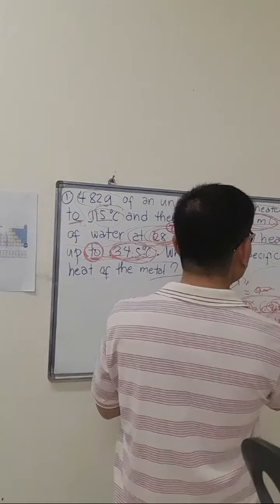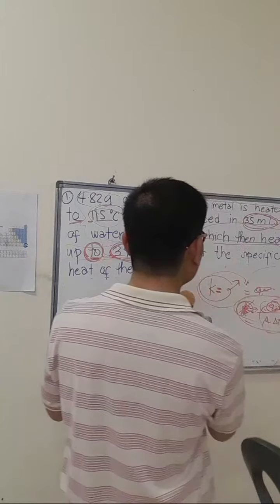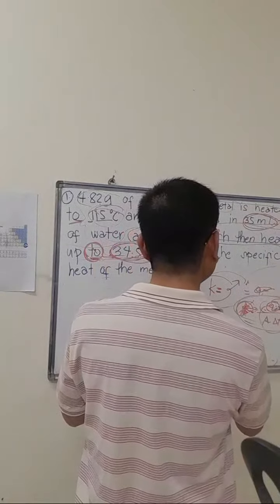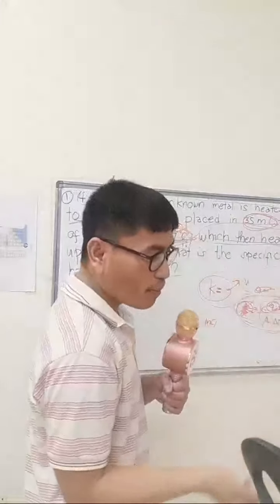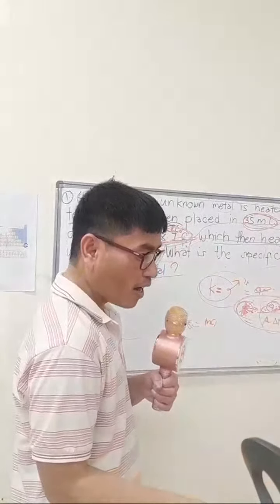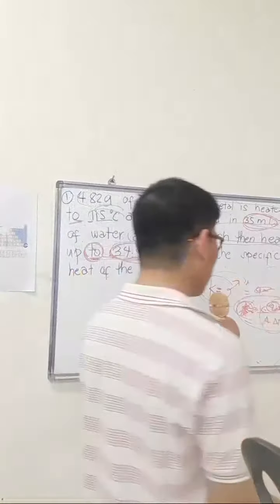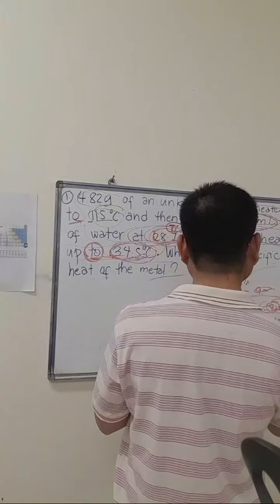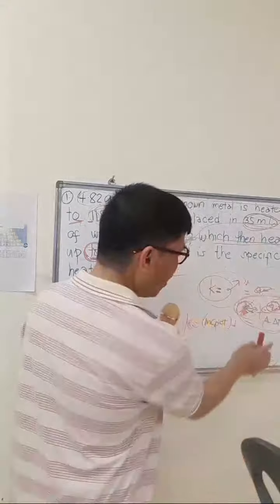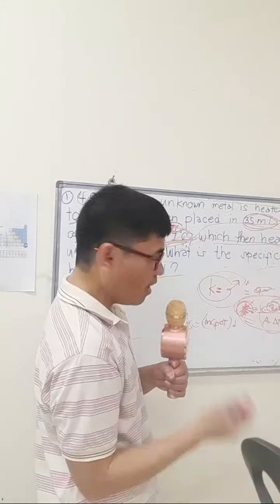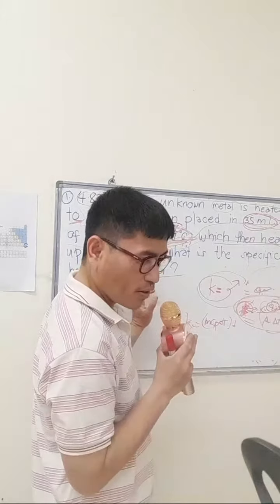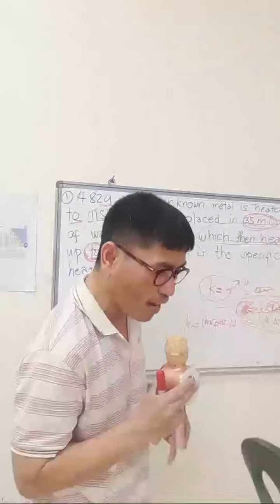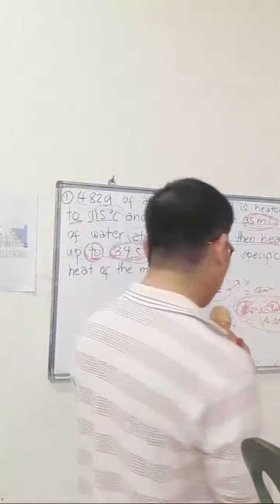Now, substitute the formula of Q in this numerator. So this becomes K equals M Cp delta T, times the thickness. It's not in the book. This is the formula from general chemistry, but I connect general chemistry to thermodynamics and interpolation as well, because there is heat transport phenomena, right?